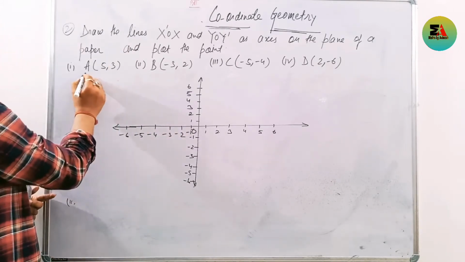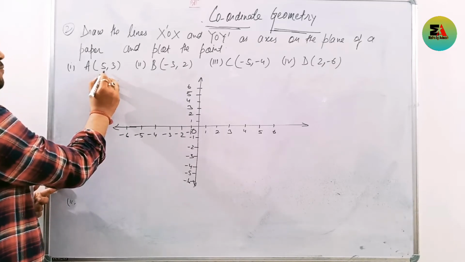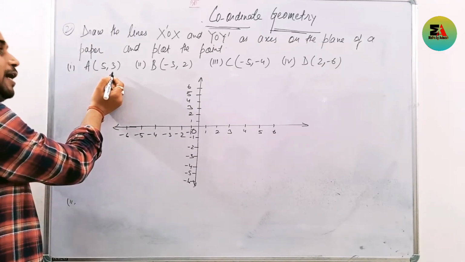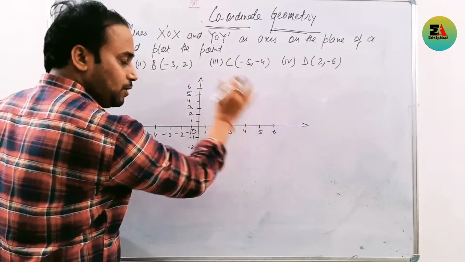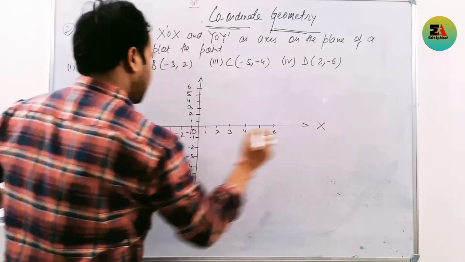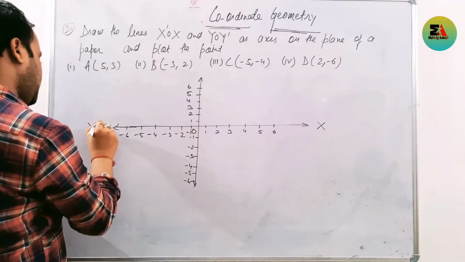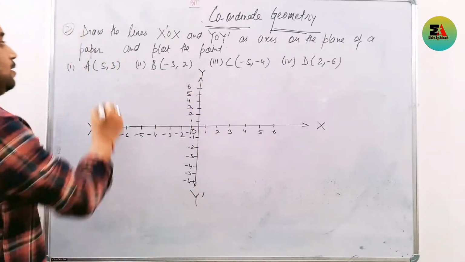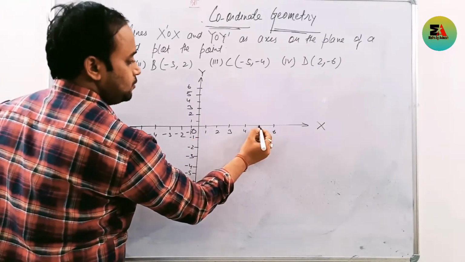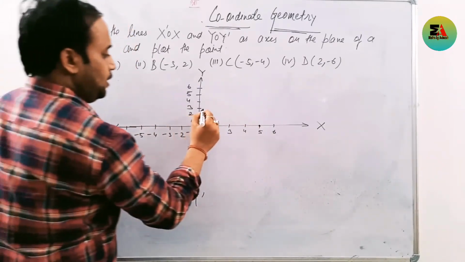Now see, the coordinate of A is (5, 3). Both are positive. We know that if both values are positive, the point lies on the first quadrant. This is our first quadrant, and this is X, X', Y, Y'. The x coordinate is 5 and the y coordinate is 3.